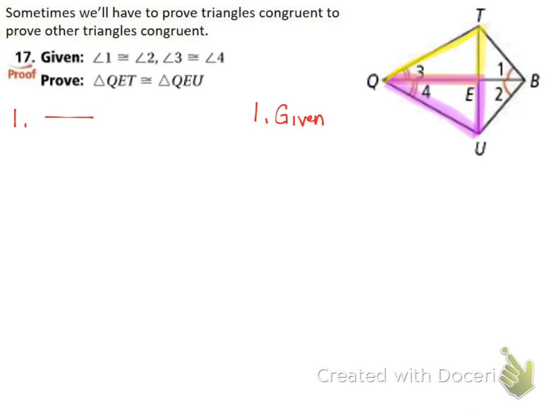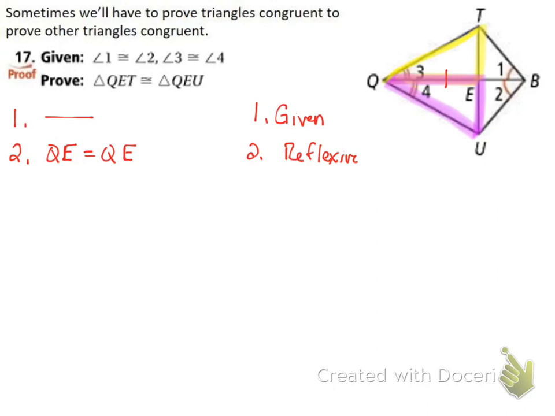And so by looking at my picture, I can say that QE is equal to QE by the reflexive property. But just looking at that, that only gives me two things. I've got an angle and a side. I can't say anything else. Even though it looks like it's a 90-degree angle, I can't say that it's perpendicular. And so I'm just kind of stuck there.